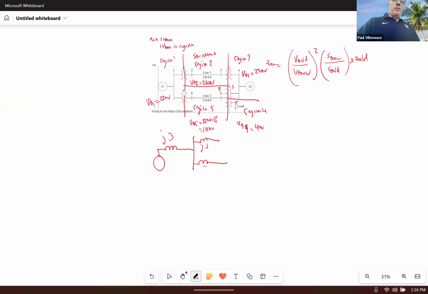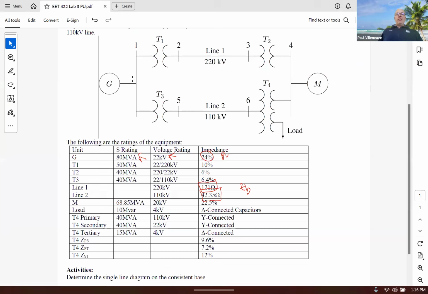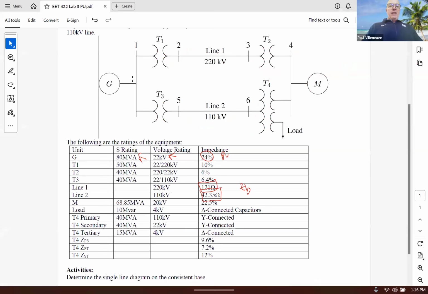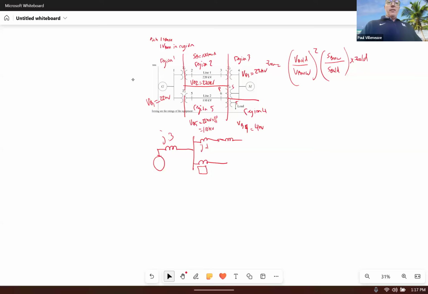Now you can do this one over here, because that's basically the same thing that we did for T1, but for a different transformer. Let's go ahead and get this line impedance. The line impedance here is given to us in ohms. So that's in line 1 region, and I have to convert this from ohms. So I have line 1, which is 121.